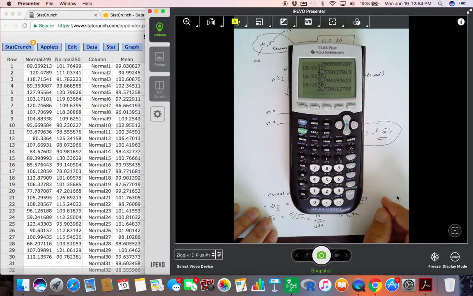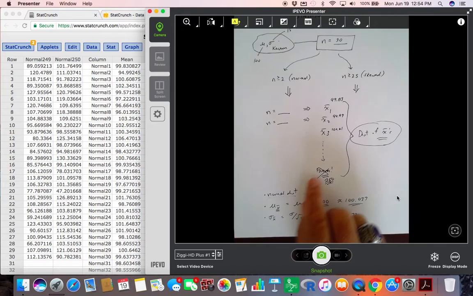Not bad, 2.74, so we were off a little bit. But again, we're off a little bit because 250 is a long way from forever. It's a big number. It's big enough to get us pretty close.